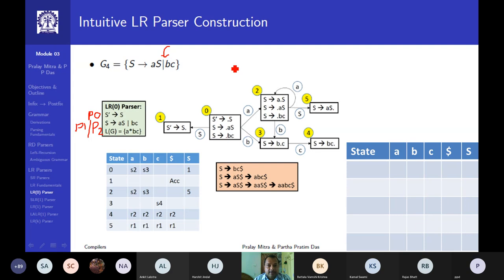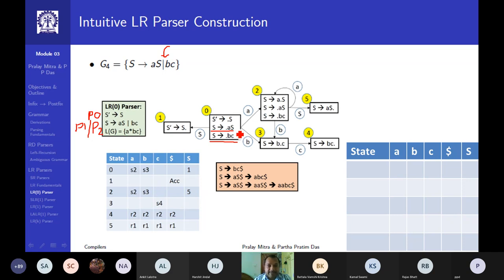Now I will start with state 0, where the item is S prime derives dot S. Since the dot is on the left hand side of S, both the production rules where S derives will also be part of this state, and that way the second and third items have come. In both cases you see that the dot is on the left hand side of A and B respectively.